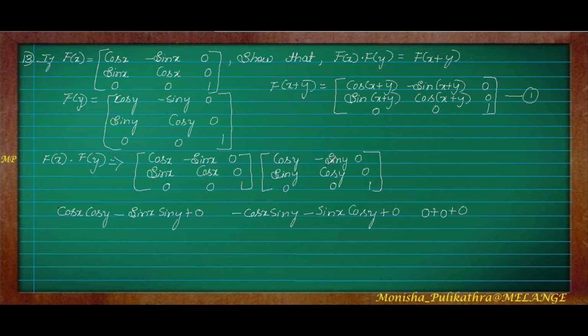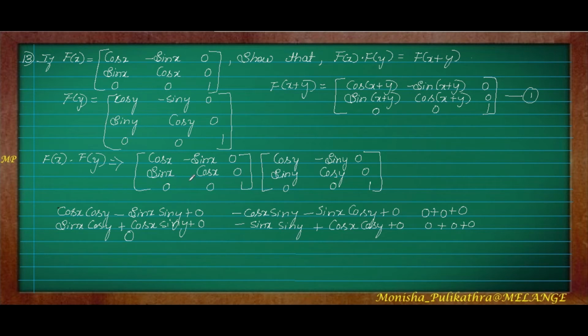Next, second row with all the 3 columns: sin x cos y plus cos x sin y plus 0. Next is minus sin x sin y plus cos x cos y plus 0. Next, the second row with the third column, so it will be 0, 0 and 0. Next, third row with all the columns, so 0 into 0 and 1 into 0.